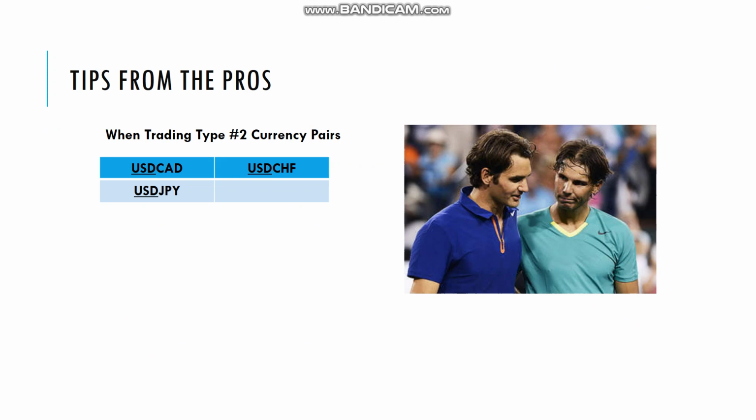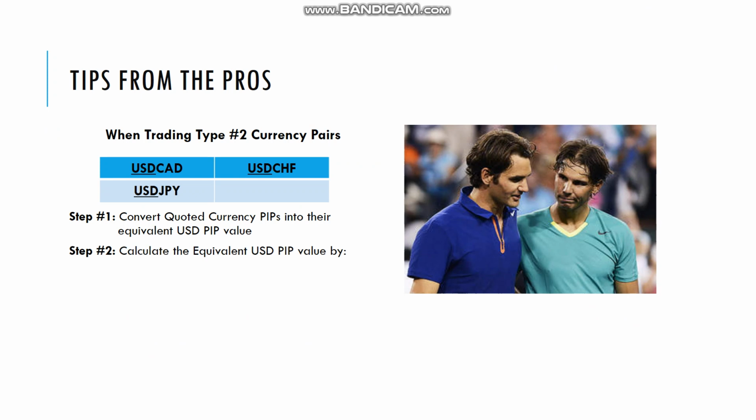When trading type number 2 currency pairs with the US dollar as the base currency, here's what the pros do. Step 1. They convert quoted currency pips into their equivalent US dollar pip value. Then they do step number 2. They calculate the equivalent US dollar pip value by, now here's the trick they use, dividing 30 pips by the pair's exchange rate.